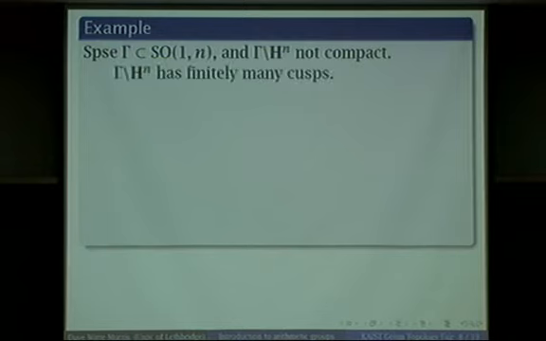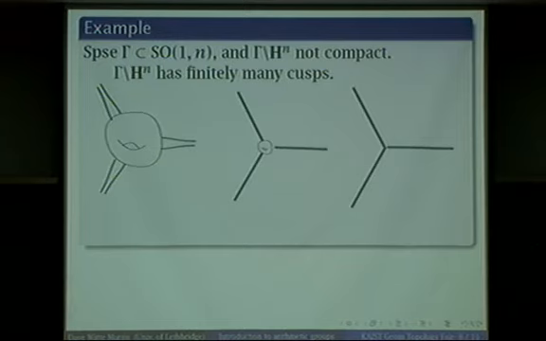In that case, you people know this better than I do, a finite volume hyperbolic manifold has finitely many cusps. So that's my picture of a hyperbolic manifold of finite volume that's not compact. Now if we look at that thing from a distance, those cusps still go off to infinity.